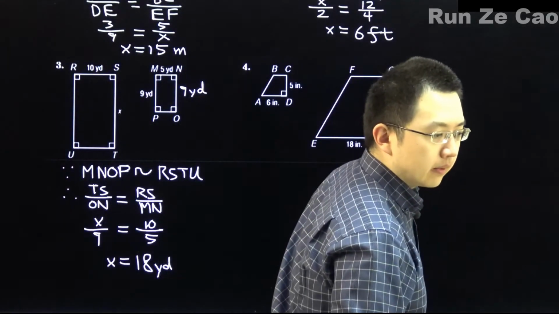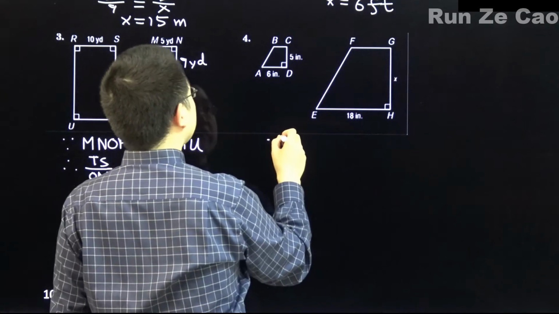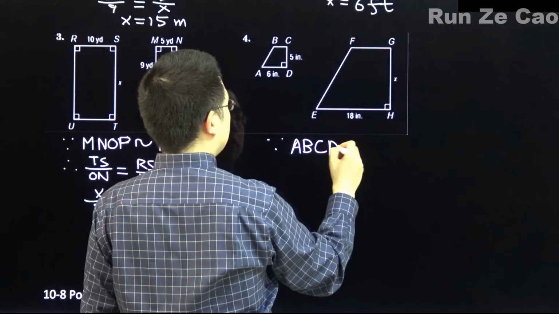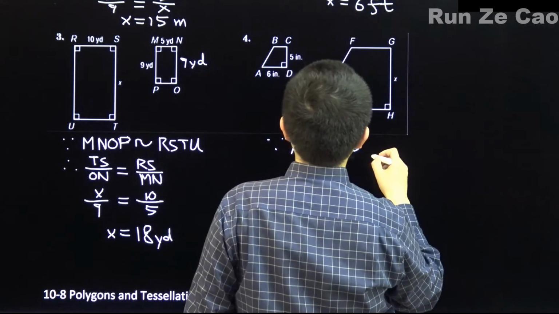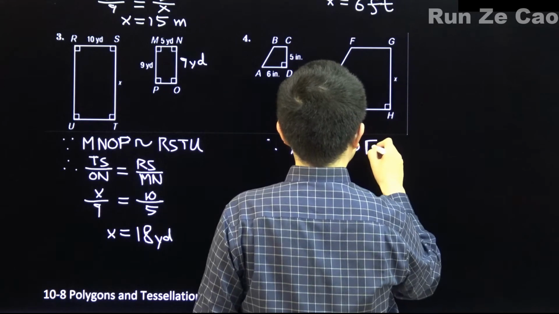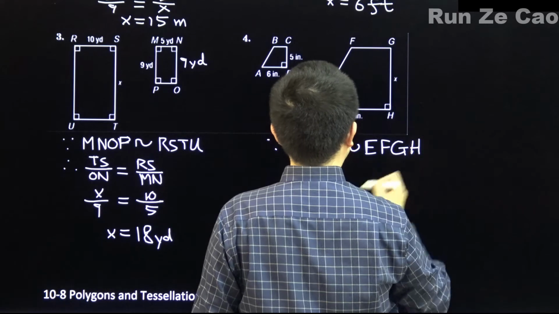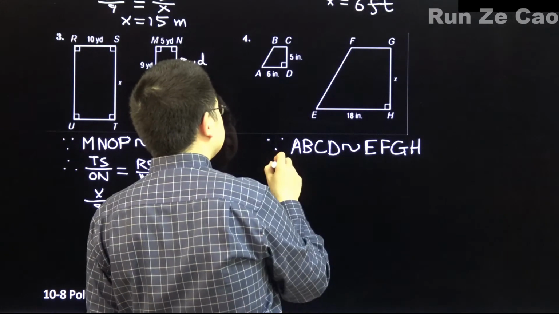Now, for this last example, we would have, because ABCD is similar to EFGH. Oh, how convenient that the points are lettered alphabetically.